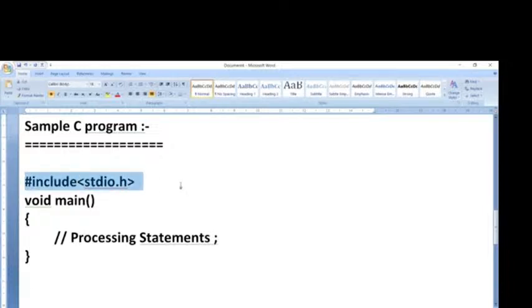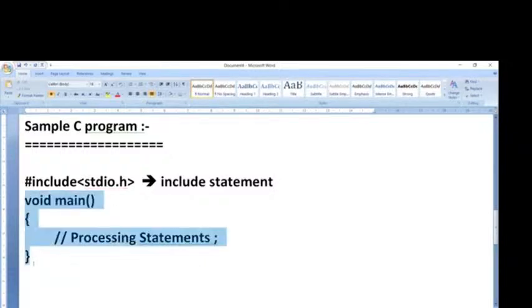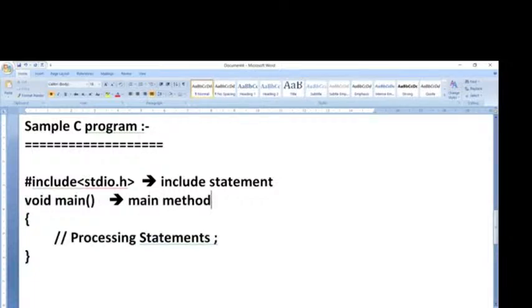Here, this line is called the include statement. This whole one is called the main method.